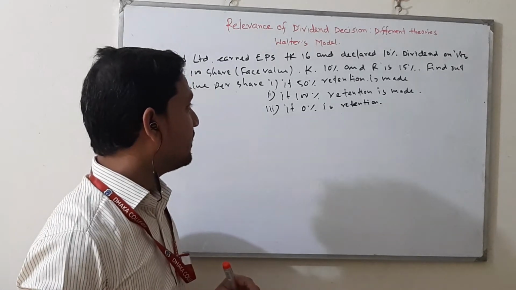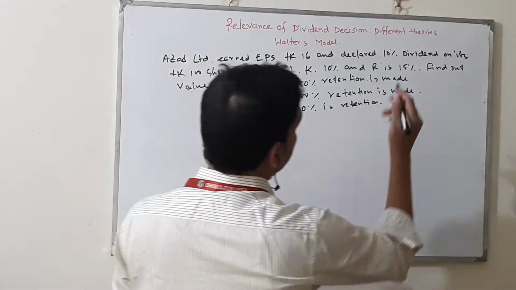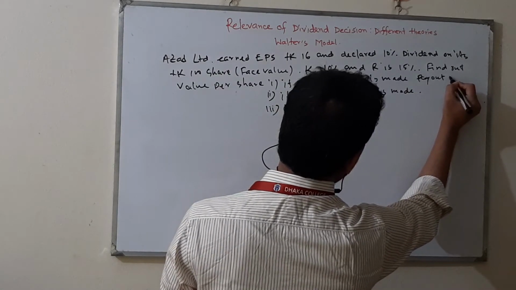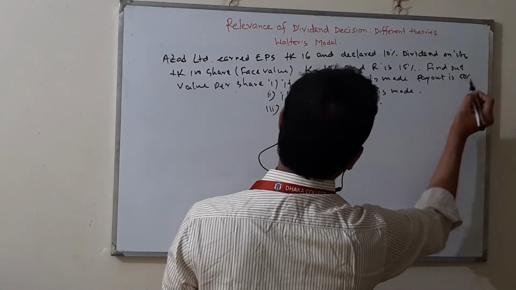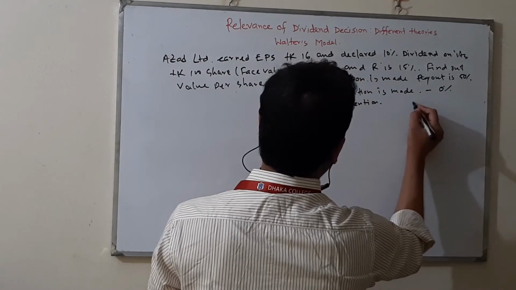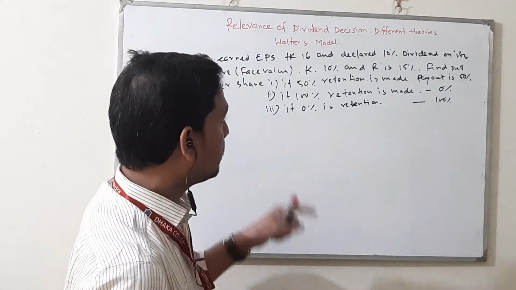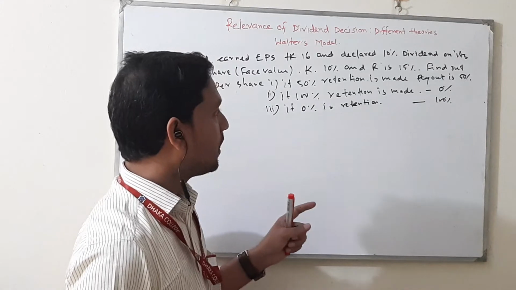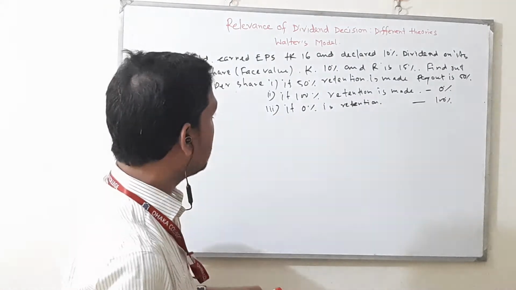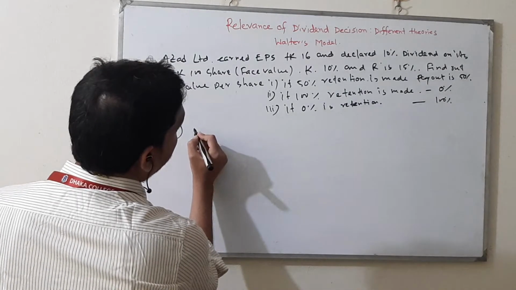And then third, if 0% is retention. I mean here payout ratio is 50%. Here payout ratio is 0%. And here payout ratio is 100%. I mean we should pay the total profit, total EPS, to the shareholders as dividend. Okay. So first one is 50% retention.